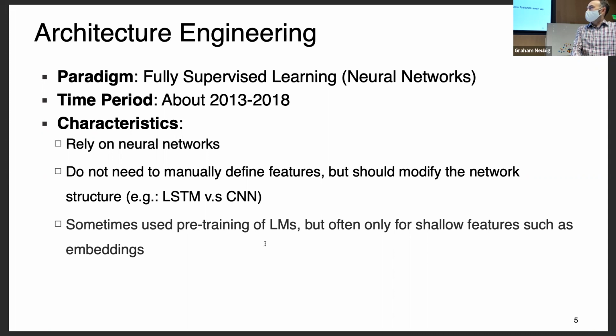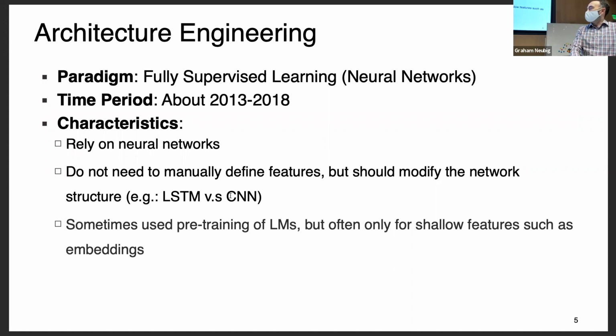However, because we would no longer be defining features, we would choose our network architecture very carefully. We would choose an LSTM because it was good at passing information over long distances. Or if we wanted to do text classification, we might use something like a convolutional neural network, which allows you to extract local features more effectively.